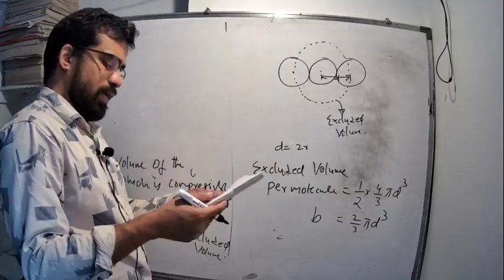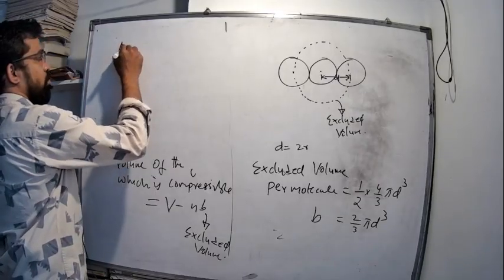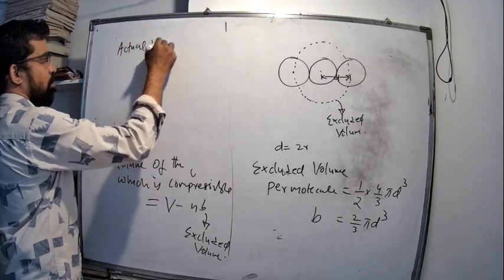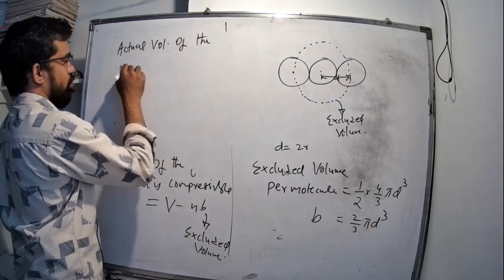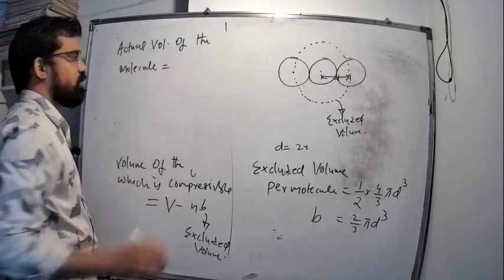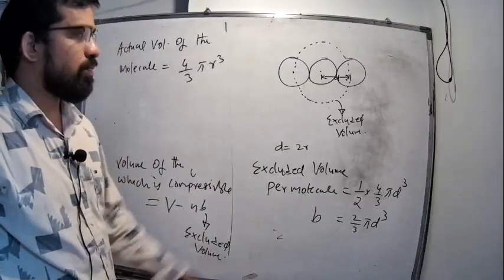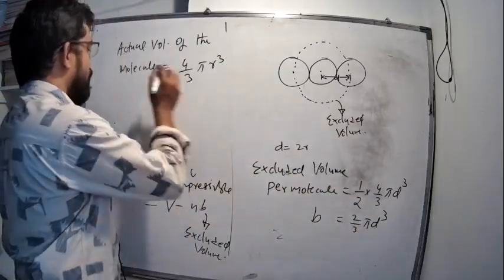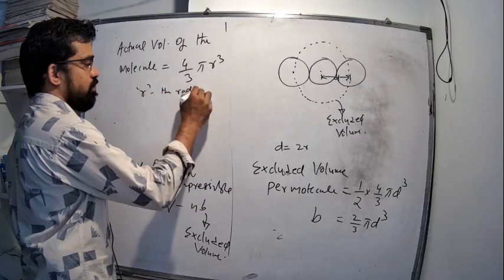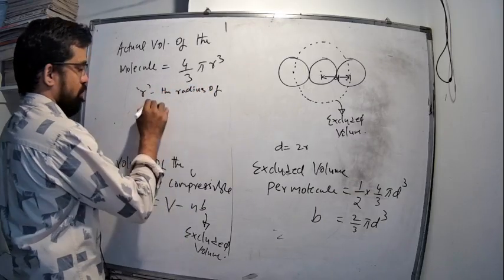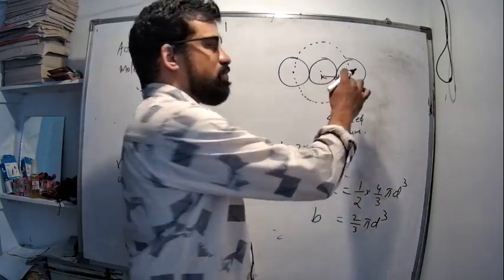Again, let us consider the actual volume of the molecule, which is 4/3 pi r cube, where r is the radius of the molecule and d is the radius of the excluded volume.